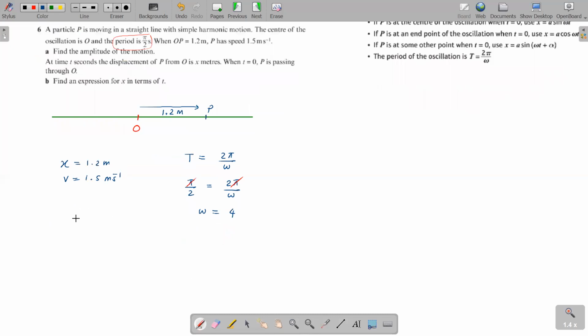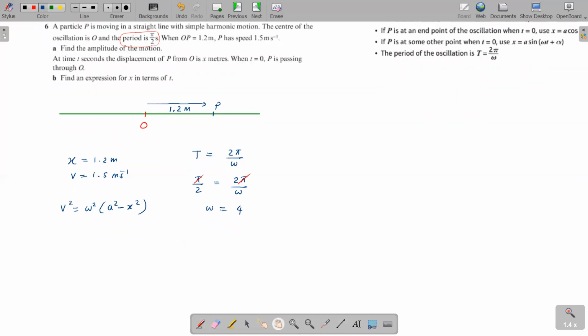Okay, and then using v squared equals omega squared times (A squared minus x squared). We will use here v is 1.5, omega is 4, amplitude is what we are trying to find, x is 1.2.